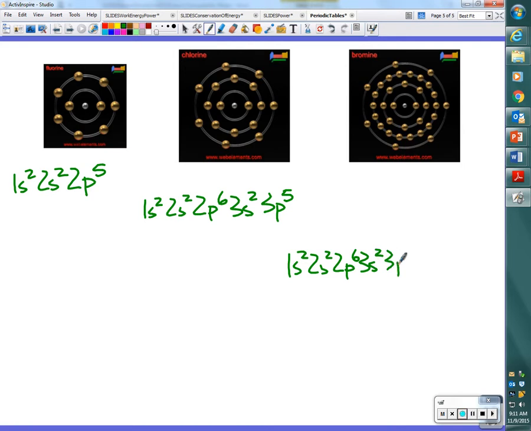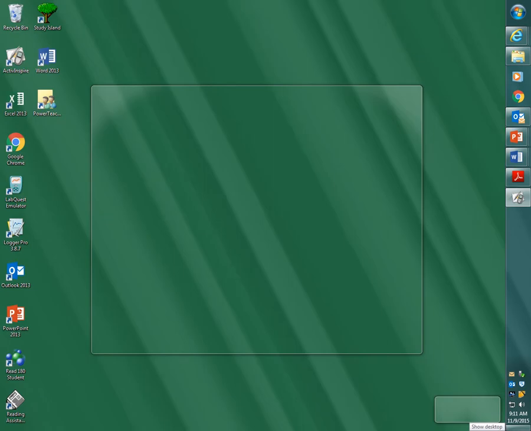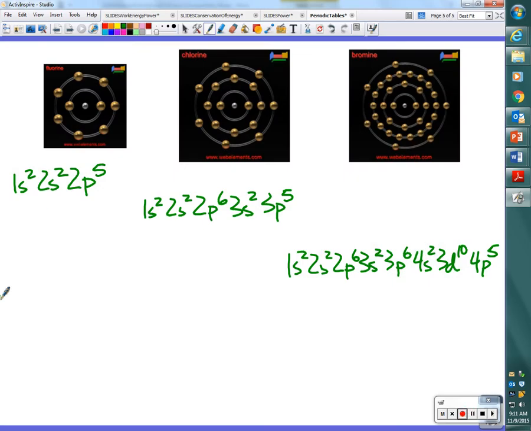All right, so there are the electron configurations for fluorine, chlorine, and bromine.